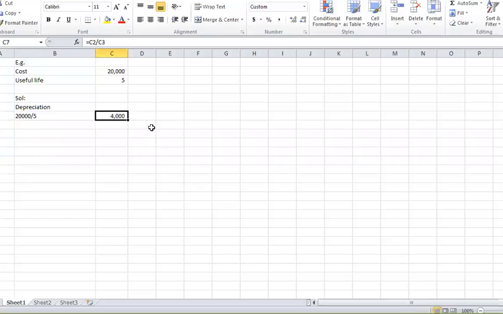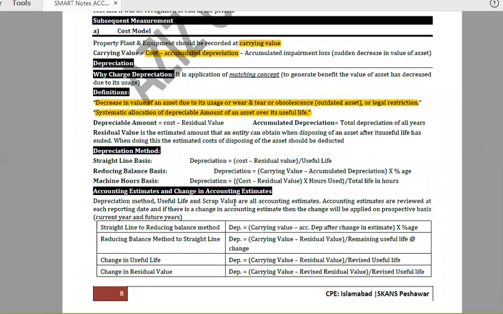So we will split this 20,000 pounds over the life of the asset. Every year we are going to reduce the value of an asset by 4,000 pounds because every year we are going to consume the asset by 4,000 pounds. So splitting the cost of the asset over the life of the asset is called depreciation.